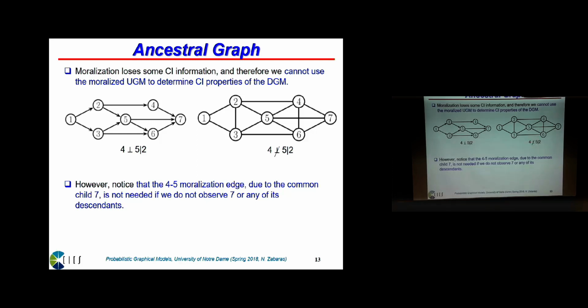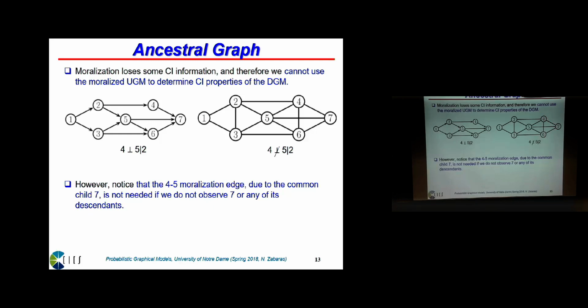In other words, what did we do during moralization that resulted in 4 not being independent of 5 given 2? Which link created the problem? Say it again? The parents of 7, you mean 4 and 6.